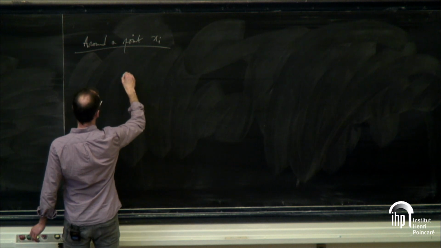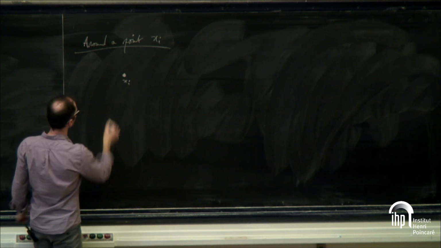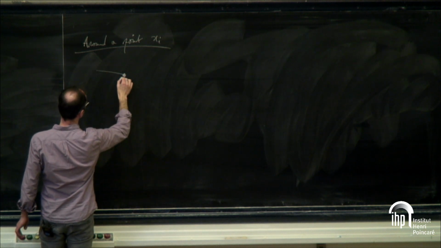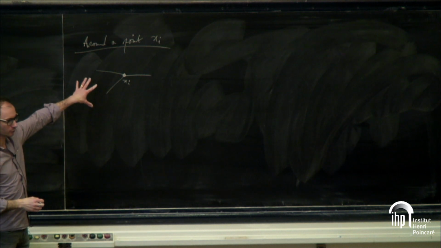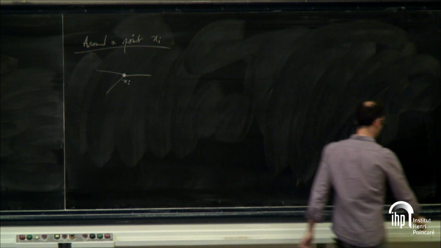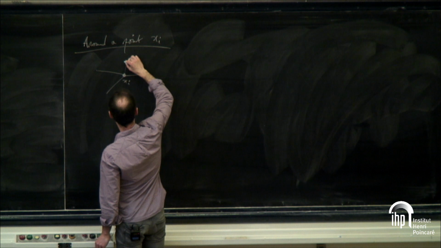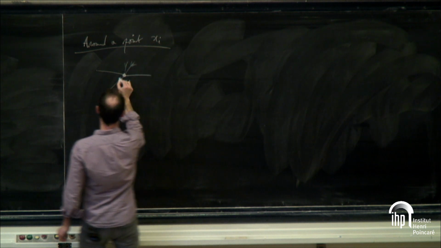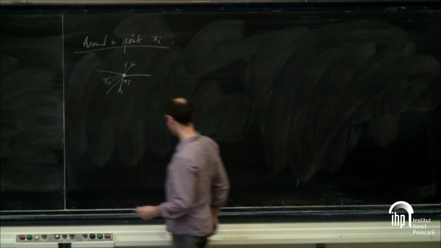We have xi, and we have maybe some distinguished direction, the direction of the skeleton that we don't want to consider. And all these disks that we want to consider, I just do in blue.